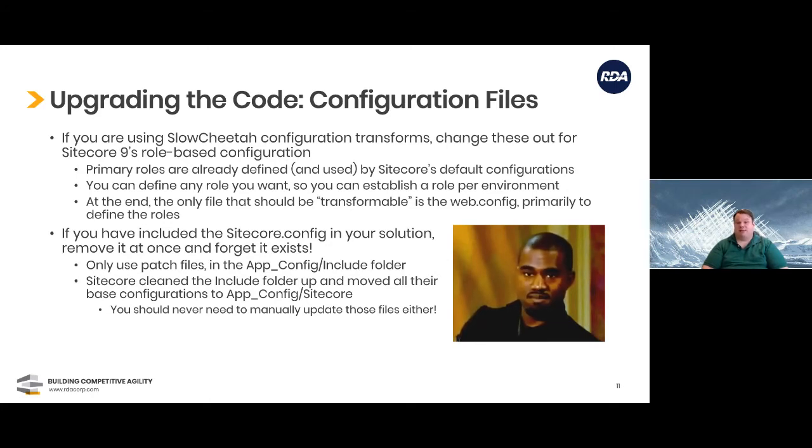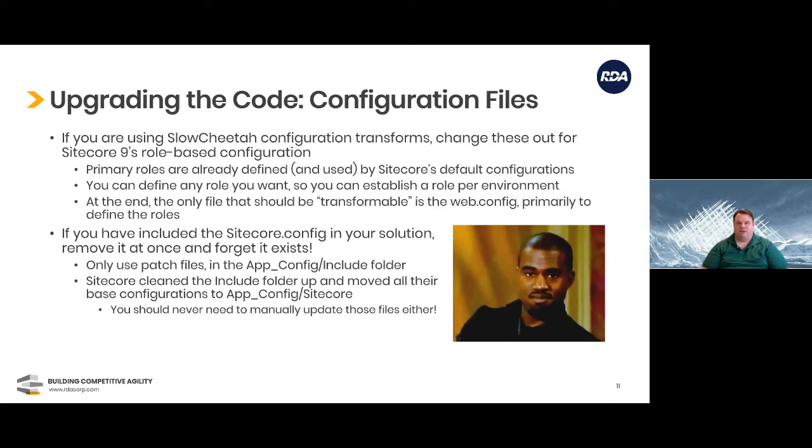This now also applies in my mind to anything under app config/Sitecore, which is where Sitecore does their default configs. The app config include folder, which for years had all those Sitecore configs and your stuff could get lost in it, has exactly one folder in it by default. It's called examples, and everything in there is disabled with .example or .disabled. It's all just, how do I do this? How do I do that? Ideas for doing configs.